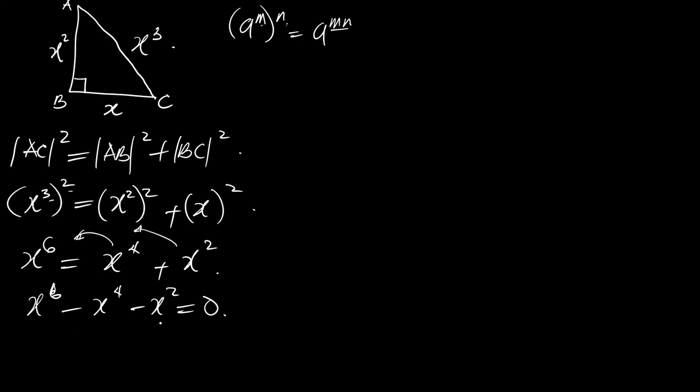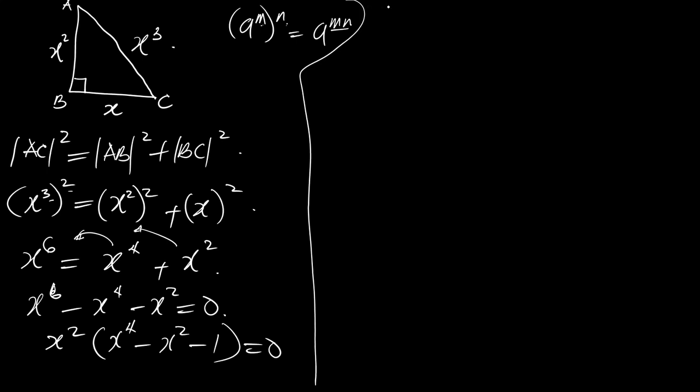X raised to power 2 is a common factor, so you say x raised to power 2 into x raised to power 4 minus x raised to power 2 minus 1 is equal to 0.